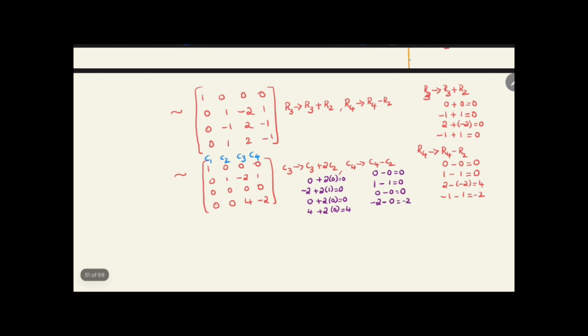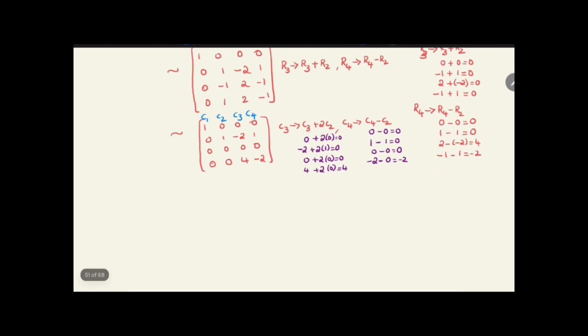Now let us replace this. So the first and second columns remain the same, that is 1 0 0 0, 0 1 0 0. Okay, now C3 is 0 0 0 4 and C4 is 0 0 0 minus 2.